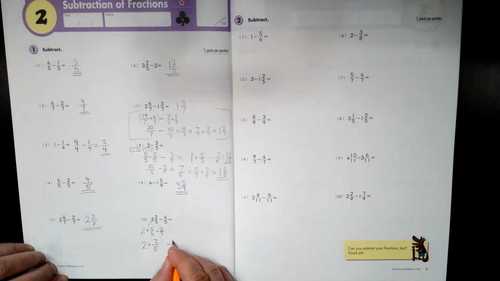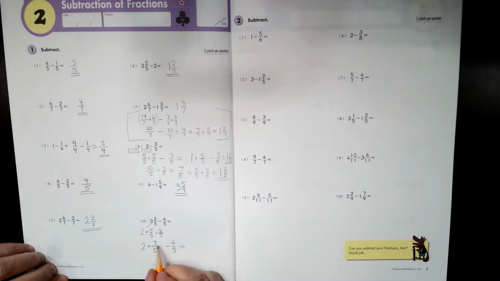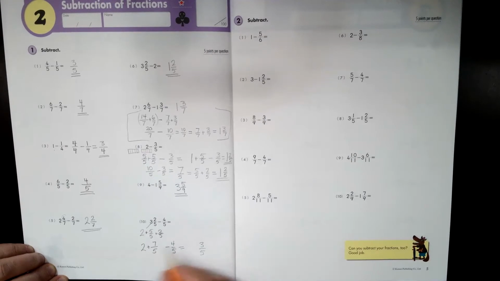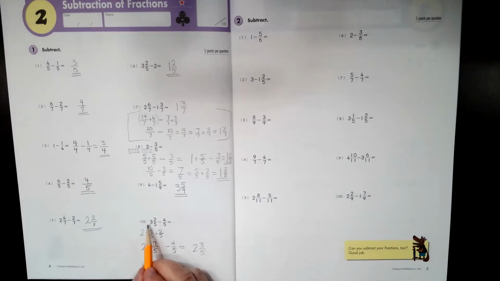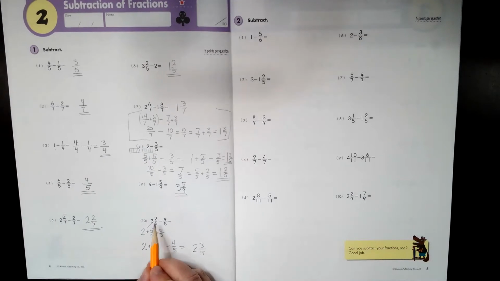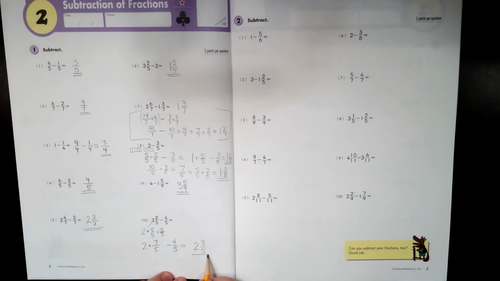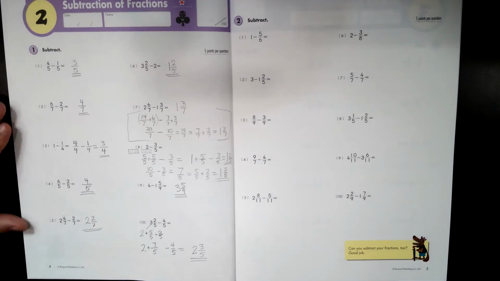So now I can subtract 4 fifths. 7 minus 4 is 3 fifths. And the 2 just moves on over. It doesn't get changed. So 3 and 2 fifths, 2 parts of the whole 5 parts, minus 4 of the 5 parts is equal to 2 wholes and 3 fifths.